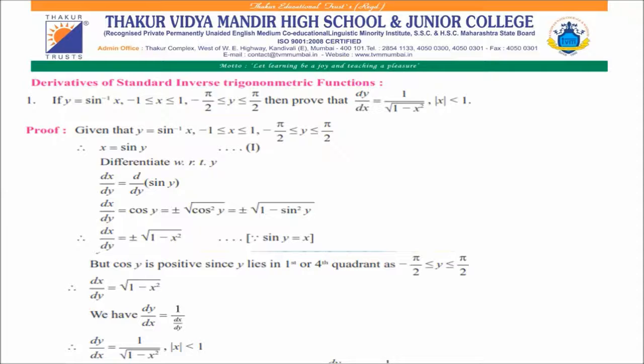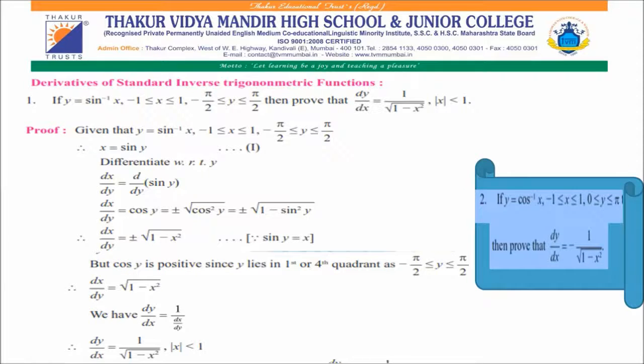Therefore dy by dx equals 1 upon under root of 1 minus x square. Okay. In the same way, you can also prove it for y equals cos inverse x. See, if y equals cos inverse x, then its derivative dy by dx is minus 1 upon under root of 1 minus x square. Okay.